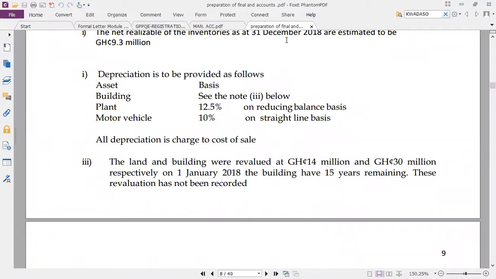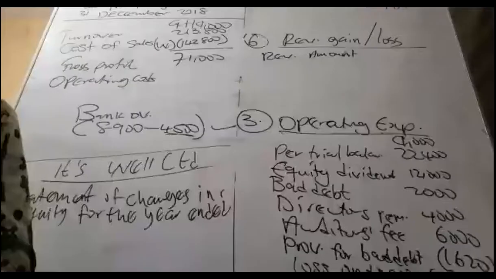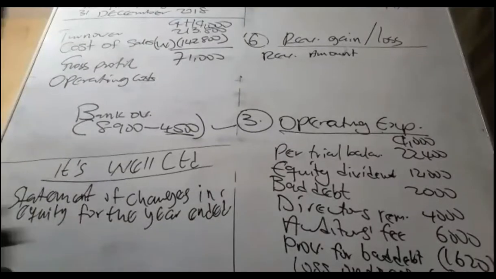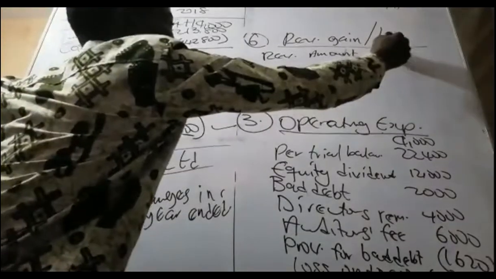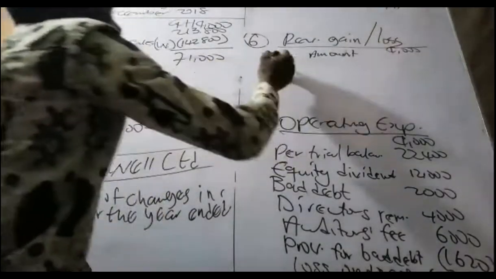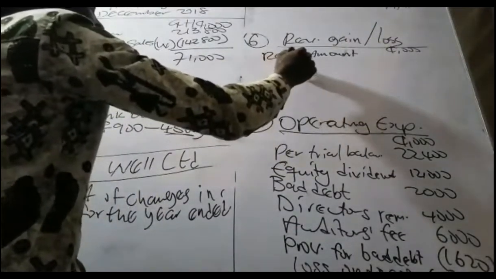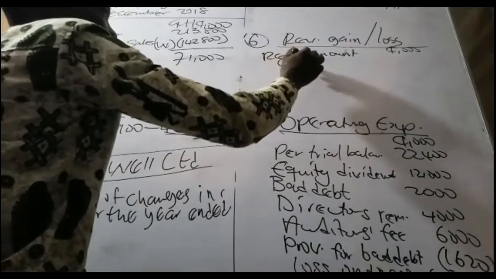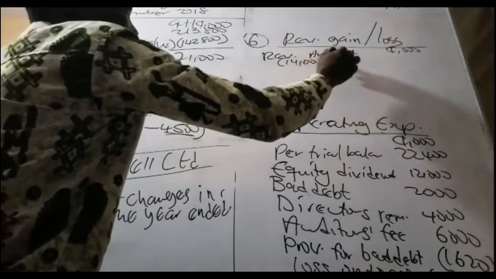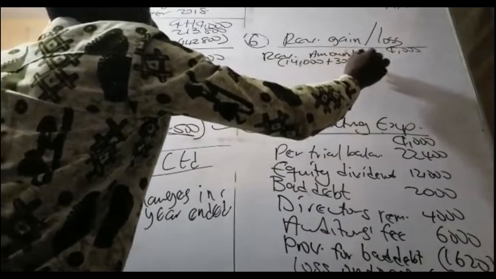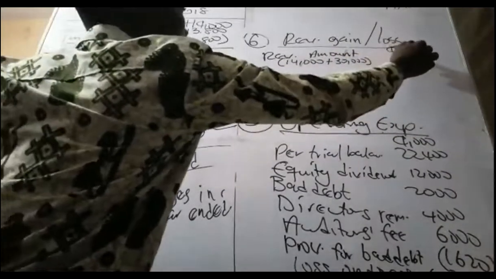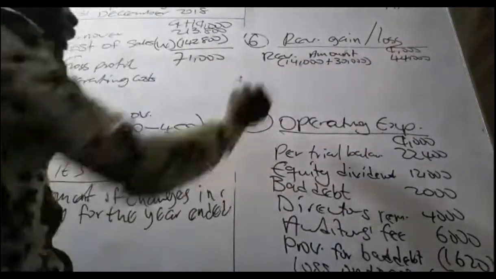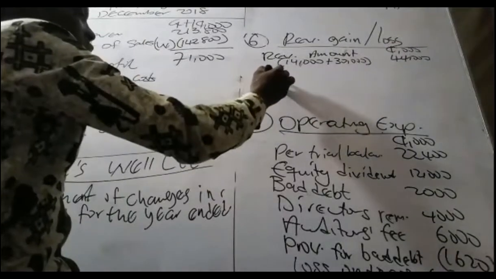Put them together: open brackets 14,000 plus 30,000. That gives us 44,000 less the carrying amount at the date of valuation.